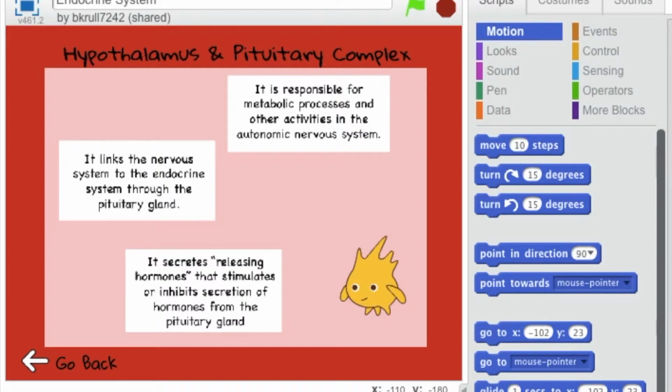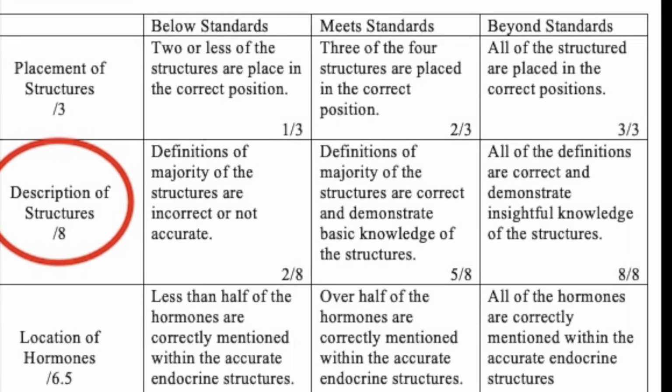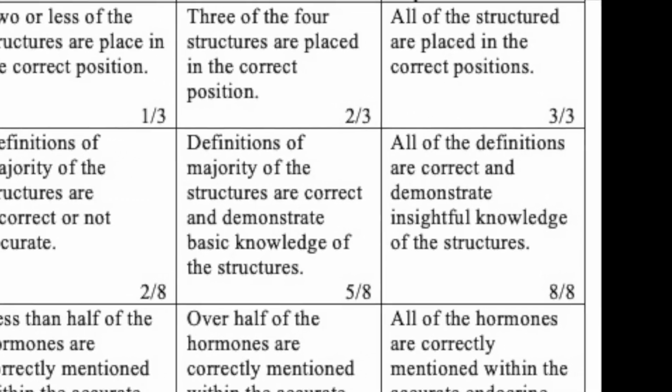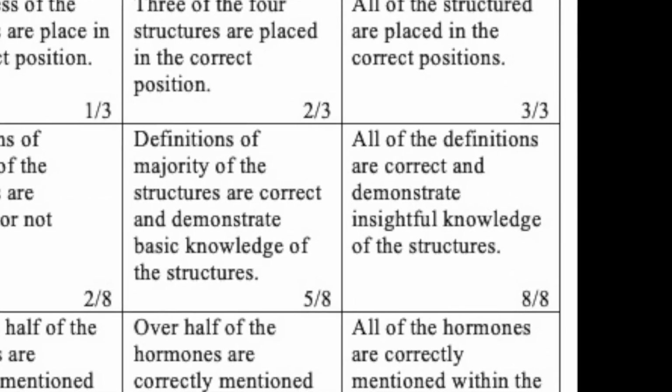It is responsible for metabolic processes and other activities in the autonomic nervous system, and it secretes releasing hormones that stimulate or inhibit the secretion of hormones from the pituitary gland. By including these extra facts, I believe that this assignment deserves to get 100% in this section of the rubric.